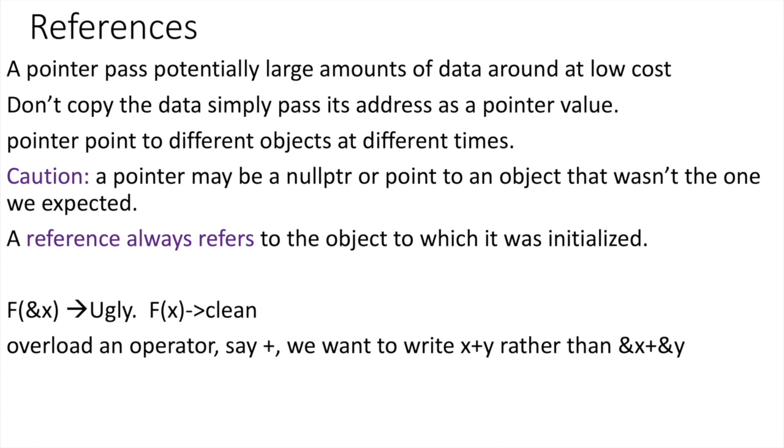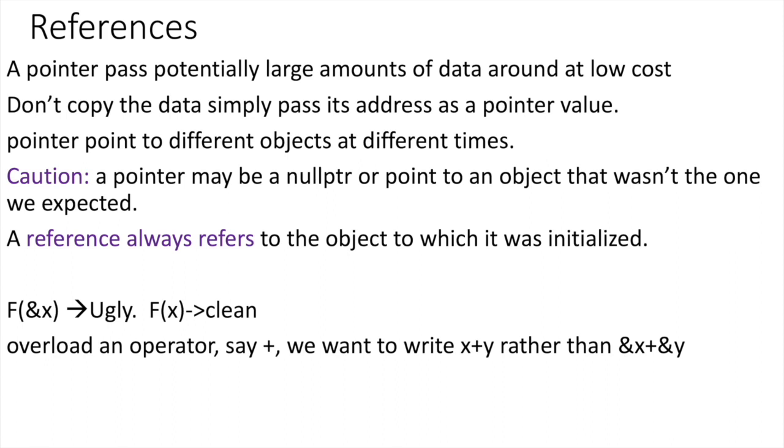Another advantage of references is that they are somewhat cleaner. If you pass the address, then you have to put the ampersand, which looks ugly. And if we use references, then it's a very clean representation.